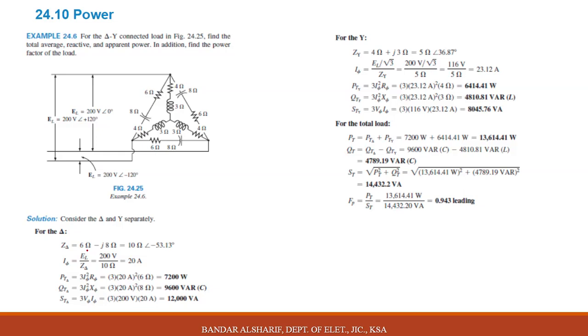reactive power. First thing, we need to find the total impedance in the delta. It is 6 minus J8, 6 minus J8, this. You will get 10 angle minus 53 degrees. The I phase is E line divided by Z delta.